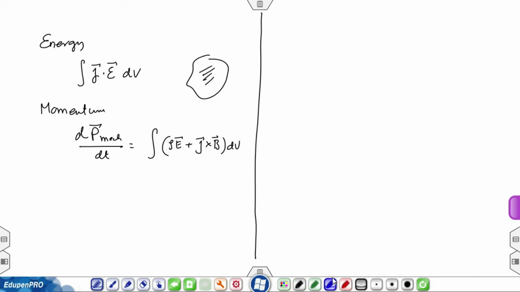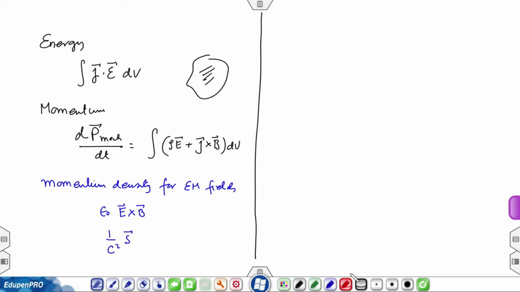In particular, we had the momentum density for EM fields as epsilon 0 E cross B, or also as 1 over c squared S.